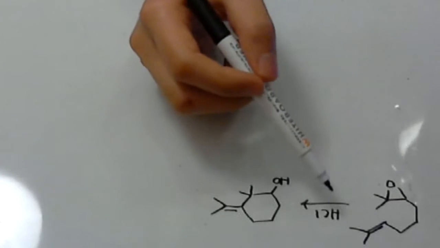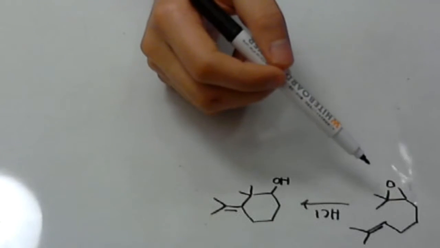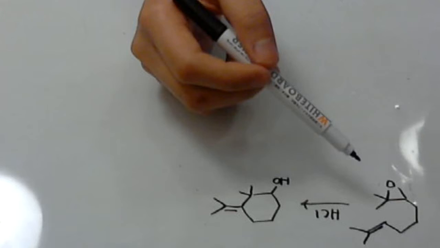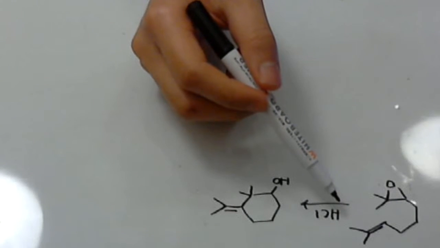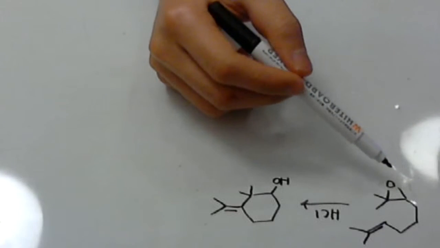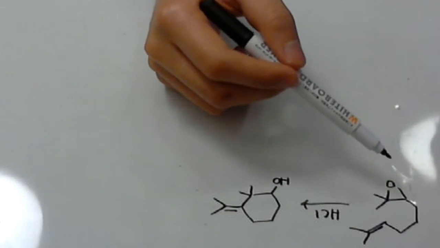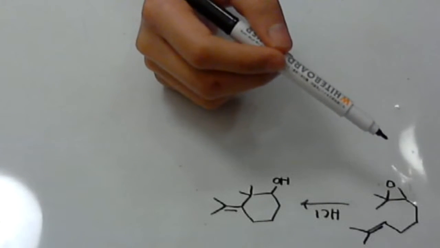And how is it opened? Well, we have an acid, so it's an acid catalyzed ring opening, right? So we start with an acid. So how do acids react with compounds? Well, they protonate compounds. And what gets protonated? Well, the most basic atom gets protonated.